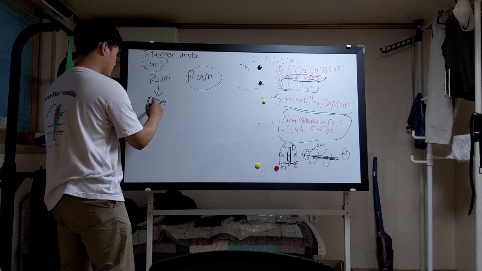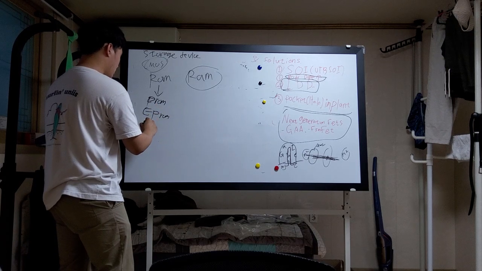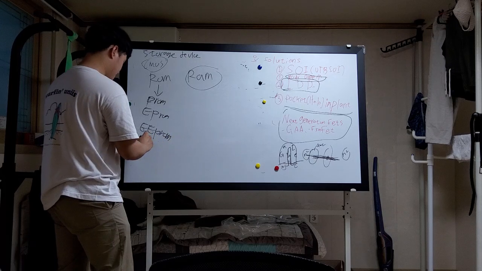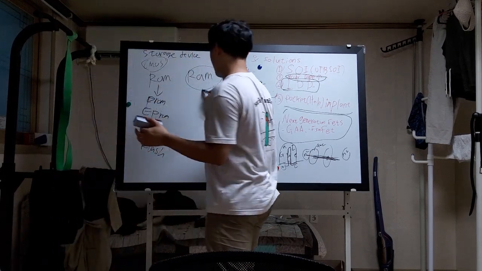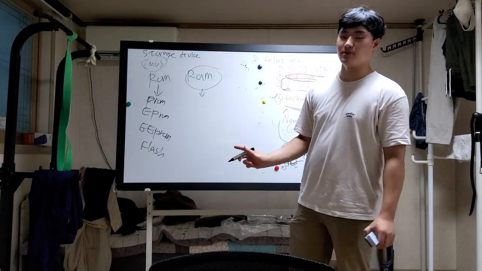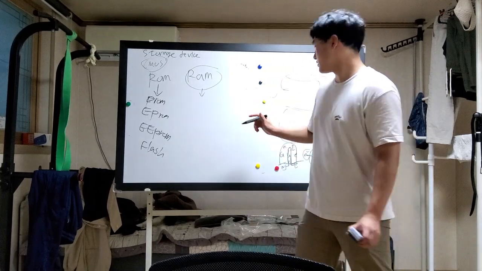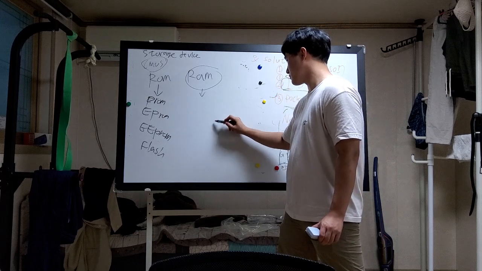Programmable ROM, erasable programmable ROM, EEPROM, and flash memory. For the RAM, random access memory, it is part of the main memory.